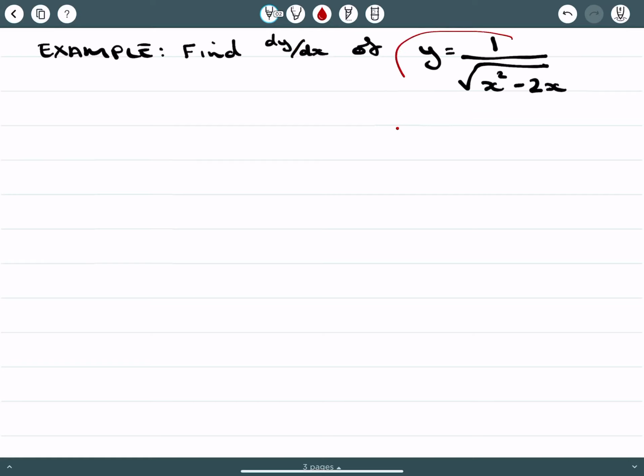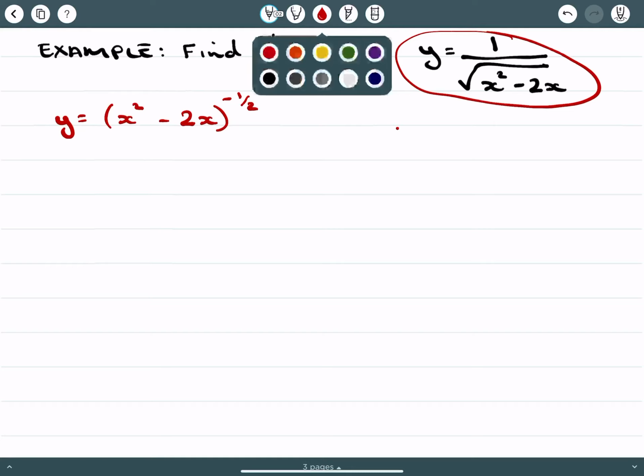The real work with this function is rewriting it so that you can work with it. So one thing that I would do is write this in the form of the bracket, and I would have to recognise that the power is going to be negative a half. I've got 1 over a square root sign, that's the power of negative a half.